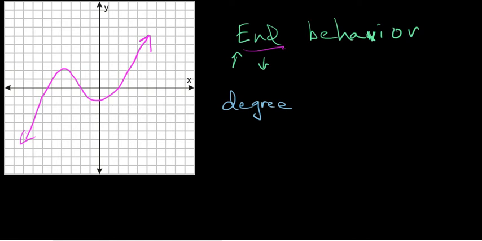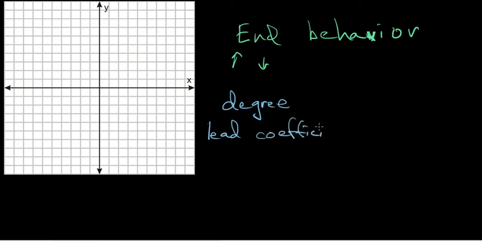We look at degree, and the other thing we look at is the lead coefficient. Now, in order to find the lead coefficient, we have to put it in standard form. That means the highest degree exponent first, down to the smallest exponent.